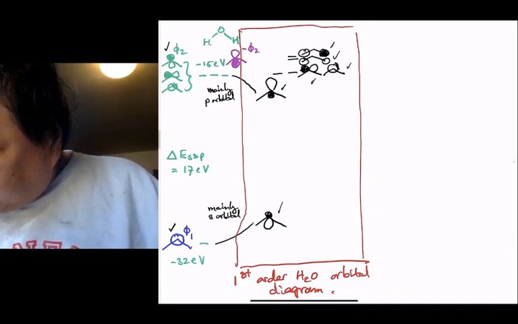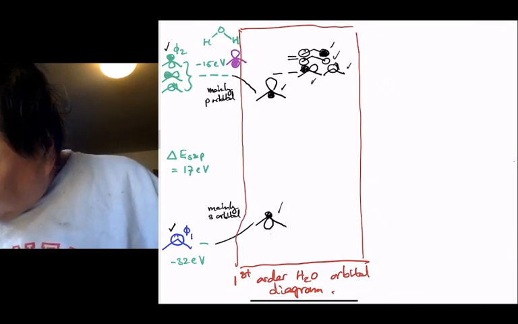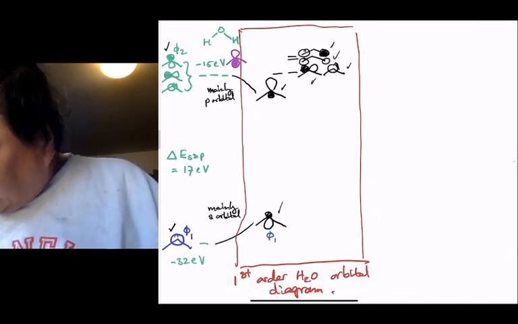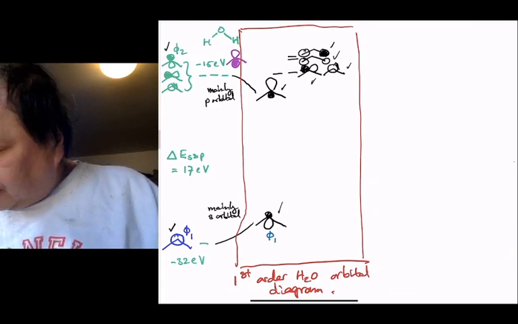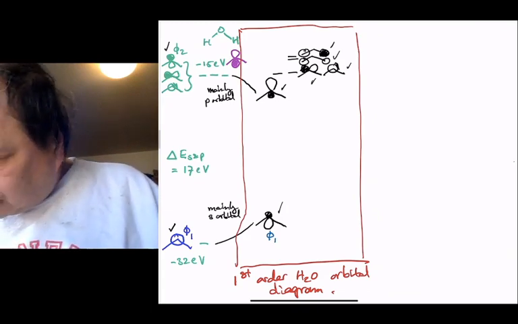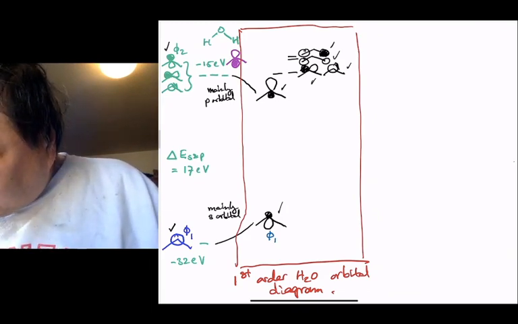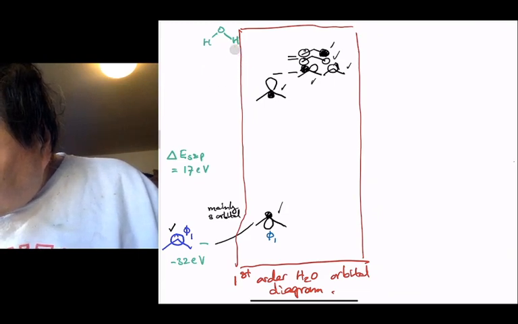So we have this orbital here. I'll give them new names. This is going to be my phi 1. And which orbital should it mix with? The most bonding orbital that we can make, we know is... here's what I'm going to do. I'm going to erase the stuff on this side. Really all we need are the center orbitals.